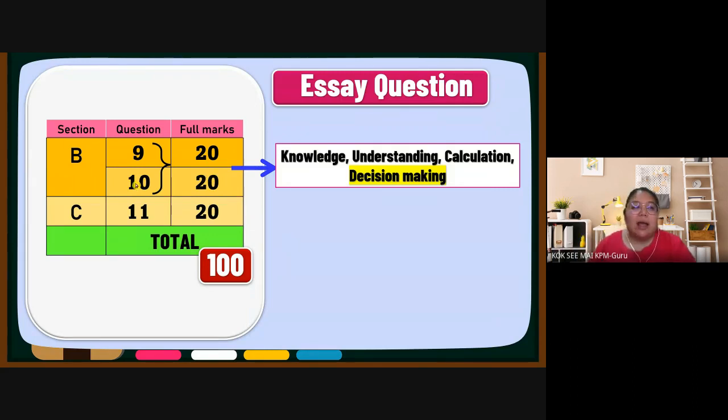Questions 9 and 10, you choose either one, so both are also 20 marks. You have to choose one of the 2 questions. These 2 questions are not necessarily all Form 4 or all Form 5; question 9 can be Form 4 and question 10 Form 5, or both can be Form 4, or both Form 5, depending on the situation. But the pattern of 9 and 10 should be the same.